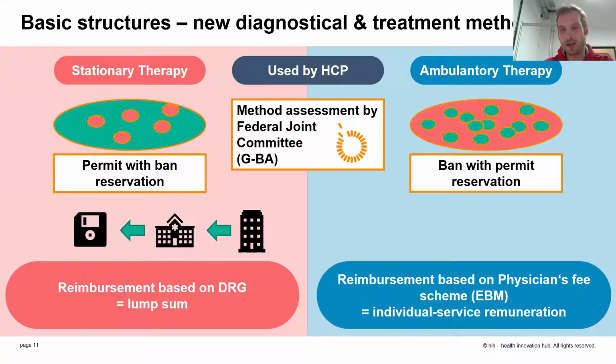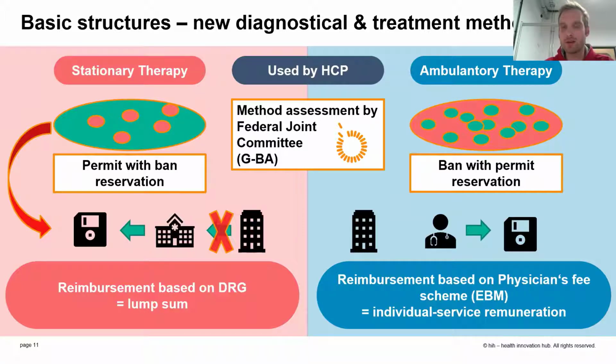In the stationary therapy, the Joint Federal Committee, the highest decision-making body in the self-administration, can ban this reimbursement afterwards, but first you can just sell it.